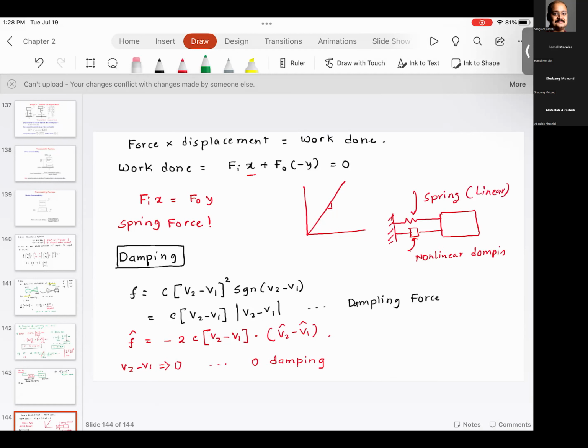So if you combine these two, and if I give you this mass, the equation for this system is going to be m x double dot minus 2 (v2 minus v1) norm of v2 minus v1 plus k (x2 minus x1).